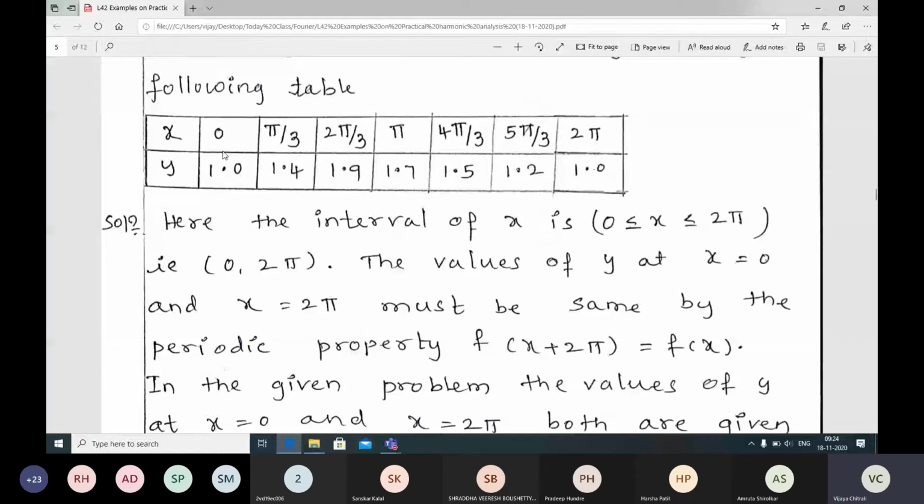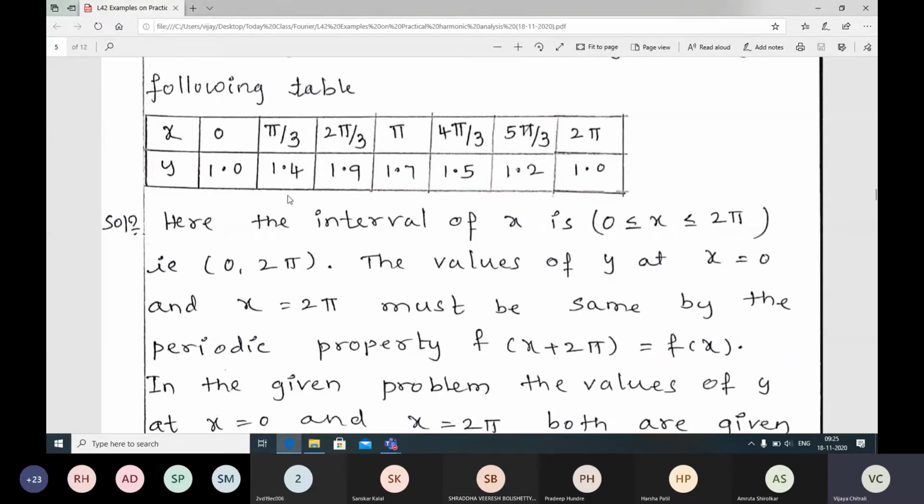Out of the two values, 0 and 2 pi, I will consider 0 with 1.0 and leave 2 pi with 1.0.